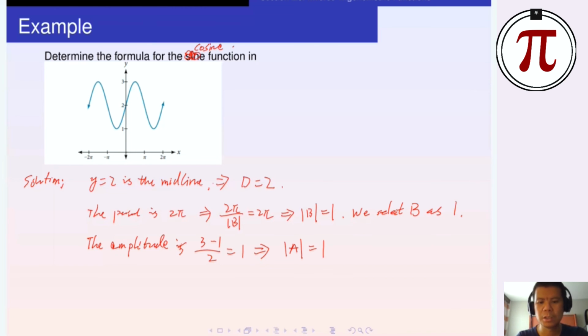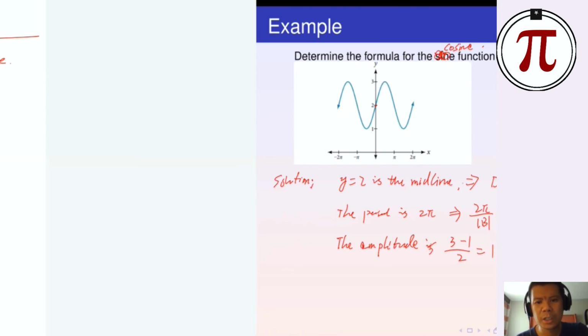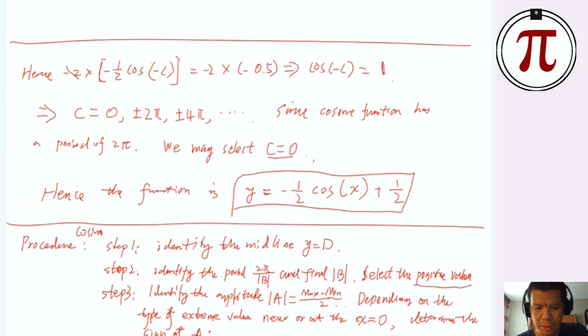Which implies that the absolute value of A equals 1, right? Now, for this one, at point 0, it is not a local minimum or maximum, right? However, what we are saying is determine near or at x equal to 0, all right?